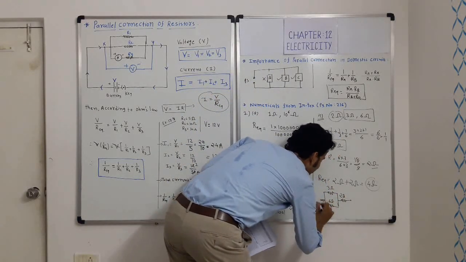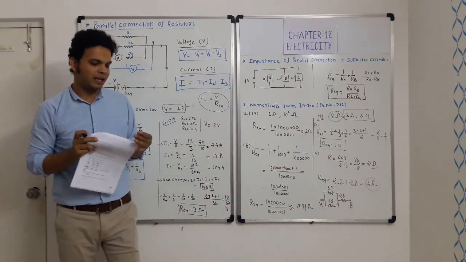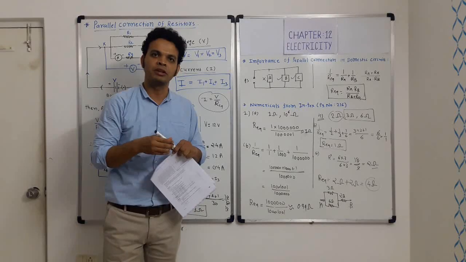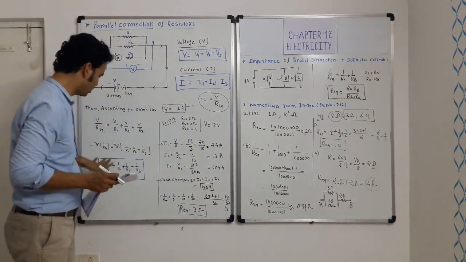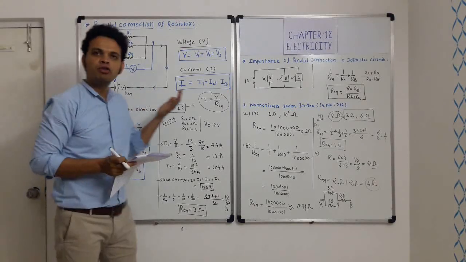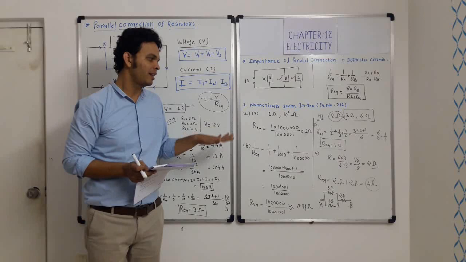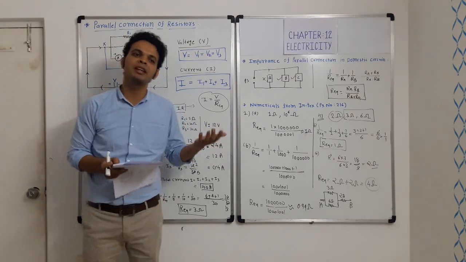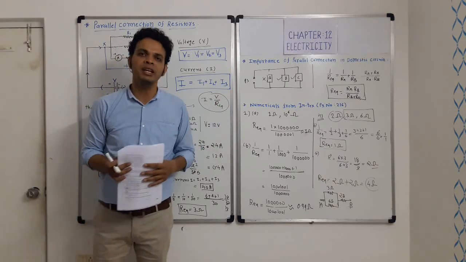So this is the circuit between points A and B. Okay, so students, I hope that you must have understood the parallel connection of resistances, their formula, equivalent resistance, and how to calculate the numericals which are based on the parallel connection of resistances. Even when the combination of series and parallel is there, how to calculate it. Okay, thank you.